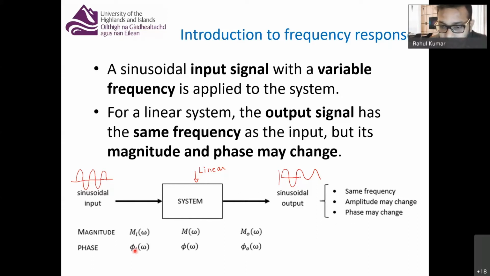Similarly, Mo(omega) and phi o(omega) are the responses for the output. Either way, we are only concerned with the frequency response of the system.